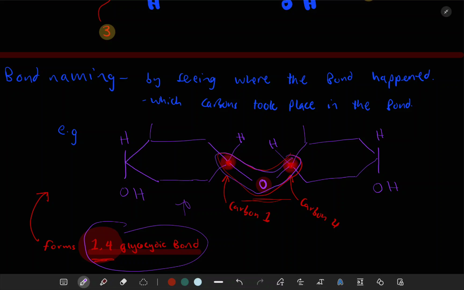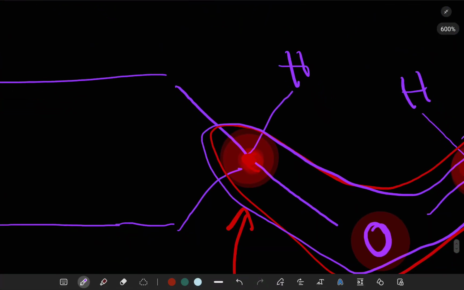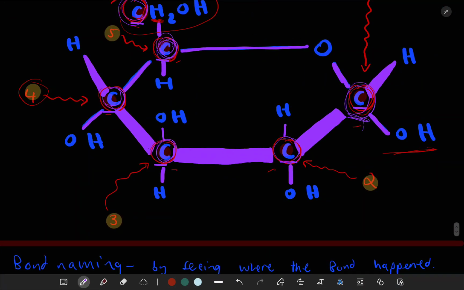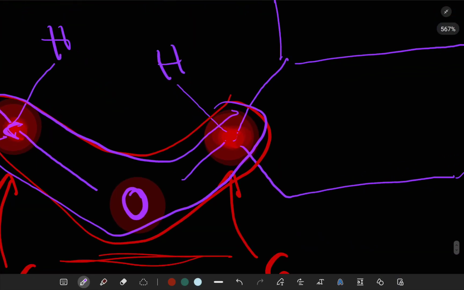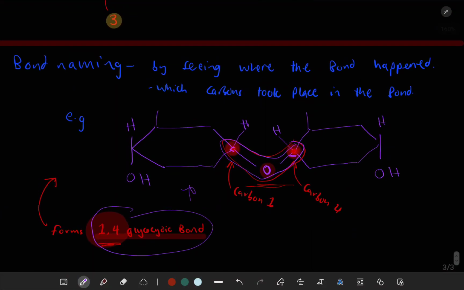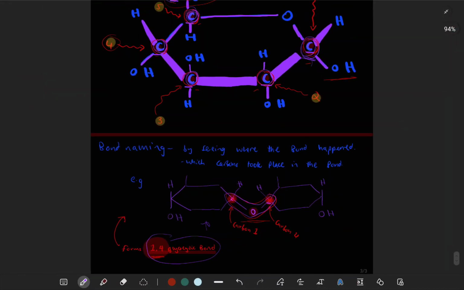Now we can see which carbons took part in the bond. When we zoom in here, which carbon is it? Yep, it's carbon 1. And here, which carbon takes part? Yep, it's carbon 4. So therefore, we say that a 1,4 glycosidic bond has occurred.